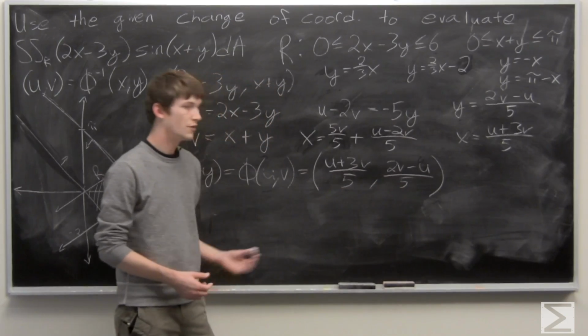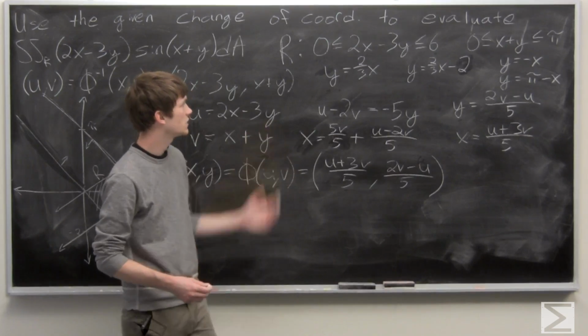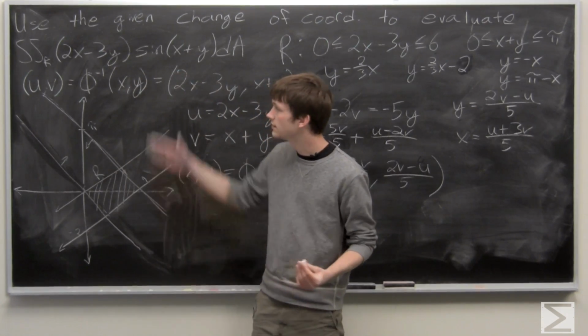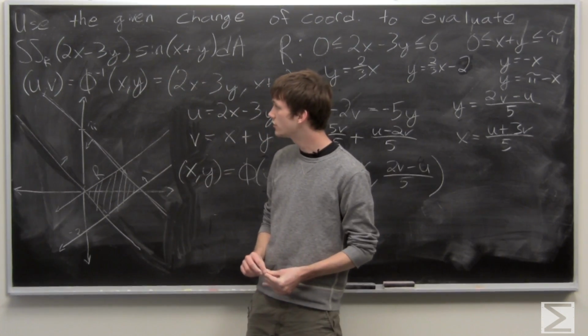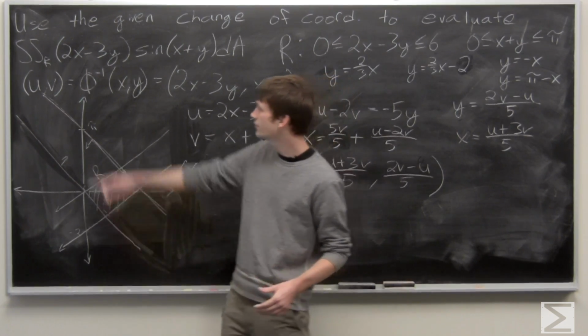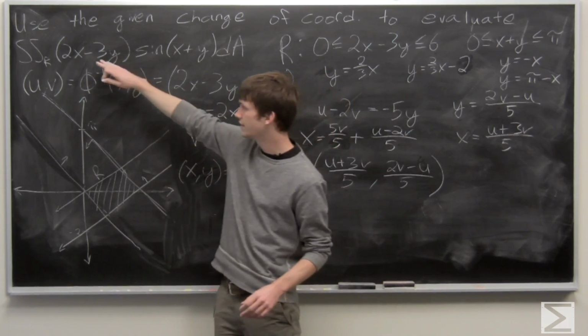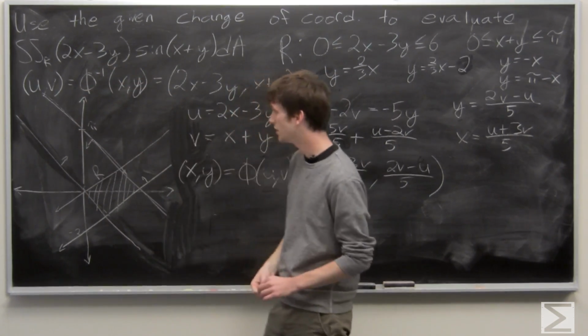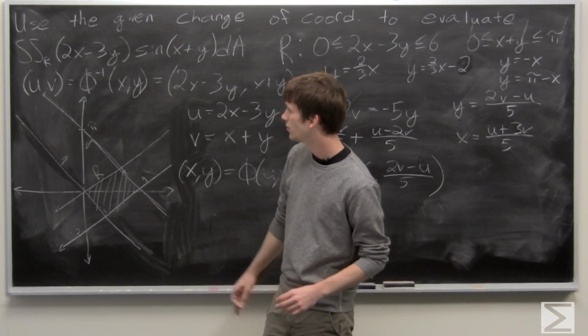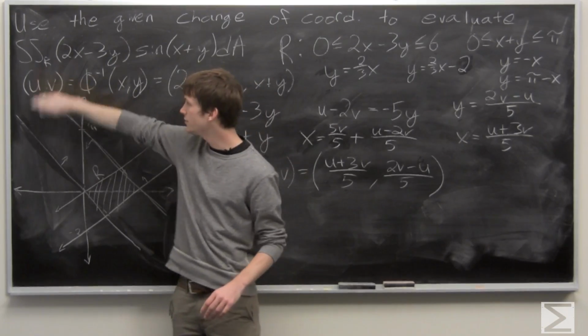These are both infinitely differentiable, so we have a smooth change of coordinates. That makes sense since we were given a change of coordinates. So now we want to evaluate our integral using the substitution that we're given, starting with our limits of integration.